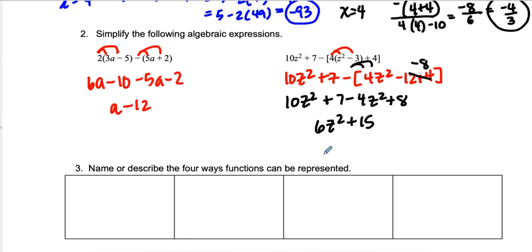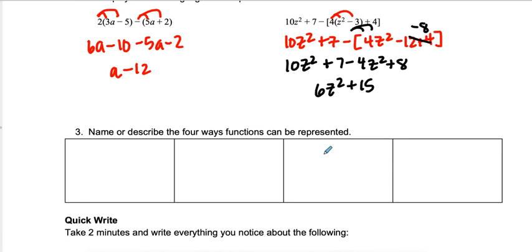And the last one that we have here, it says name or describe 4 ways functions can be represented. So thinking back, functions, we talked about that since 8th grade or earlier. A function can be represented, of course, by just an equation. We could write it out as an equation. f of x would be a function. Also by a table, which leads us, of course, then to a graph.